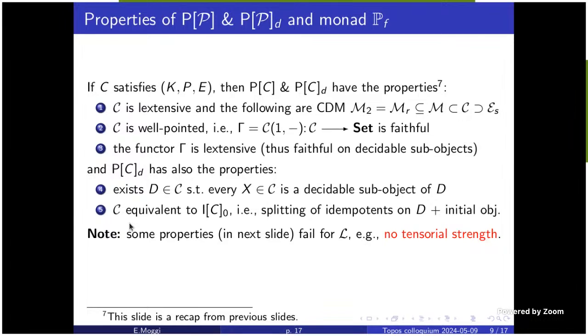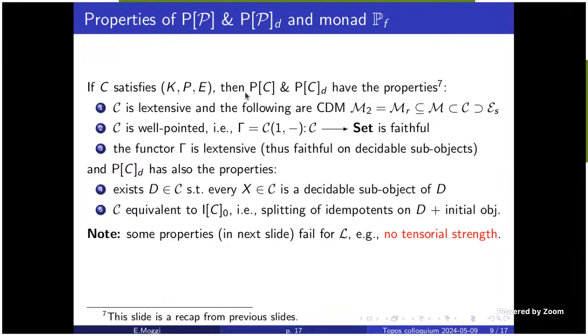The properties that are given in this slide are just general ones, so it's not specific to this particular monoid, and it's just a recap of what I've already said in previous slides. So if you missed something, that's a sort of summary.